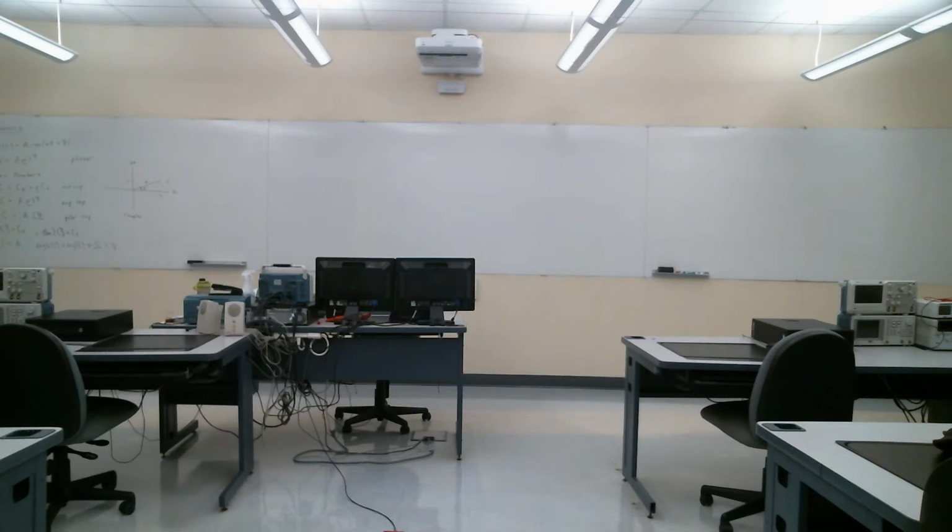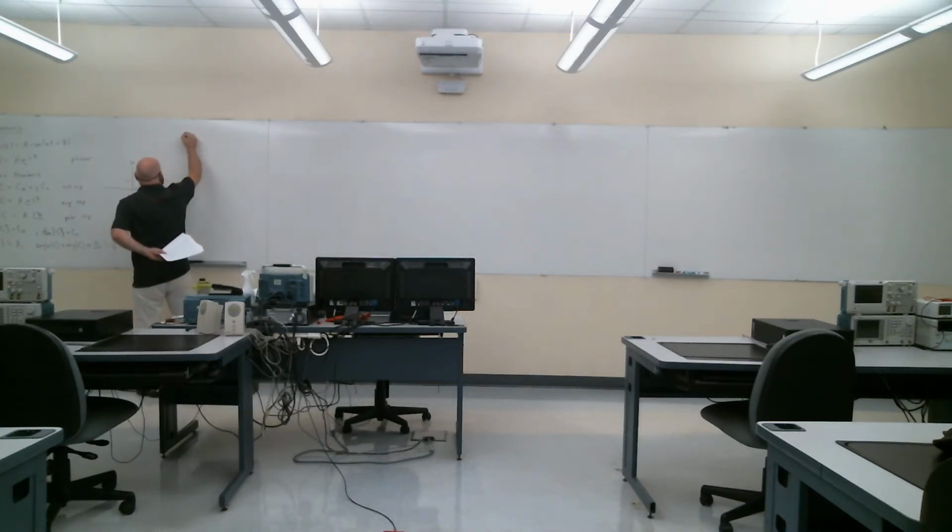Now this is a right triangle. So you can use trigonometry and the Pythagorean Theorem to convert back and forth between the representations pretty easily, with just a little knowledge of trigonometry. For example, how would you calculate A from CR and CI? Square root of the sum of the squares, right? That's the Pythagorean Theorem, square root of CR squared plus CI squared.